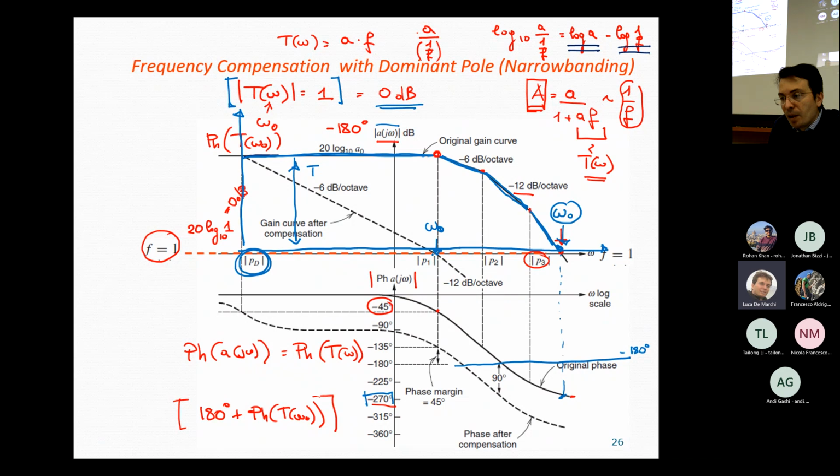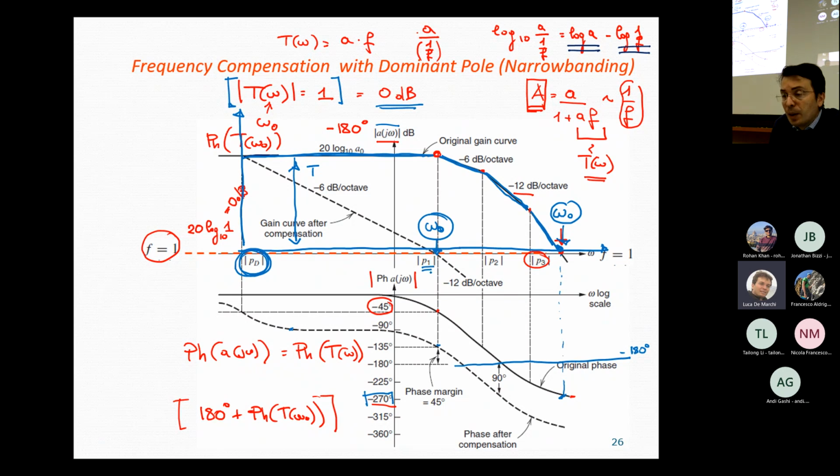What about the phase curve? Well, the phase curve experiences a new phase loss due to the addition of the dominant pole. So we have this minus 90 degree phase loss. Then we have a minus 45 degree phase loss, which is due to omega null being coincident to P1.